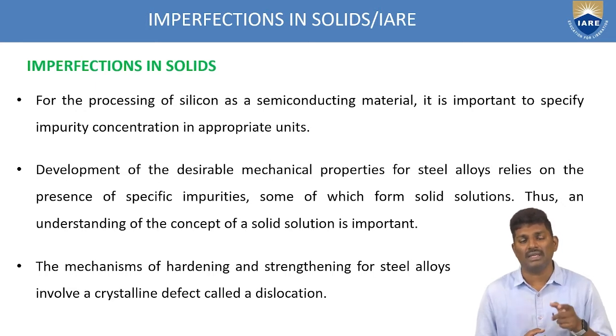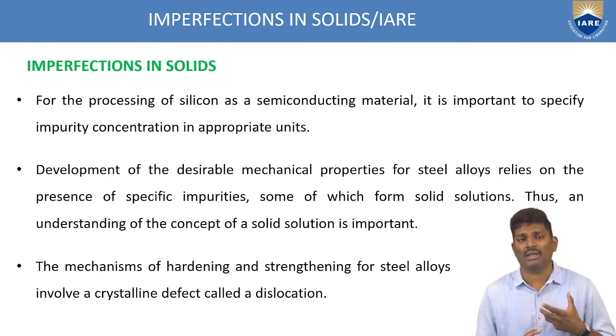That's why these impurities or imperfections have to be quantified. You need to quantify, and you have to tell in appropriate units how much of these impurities are there in the silicon and how it can be used as a semiconducting material. That is one point. Another is the imperfections in solids and the development of desirable mechanical properties.